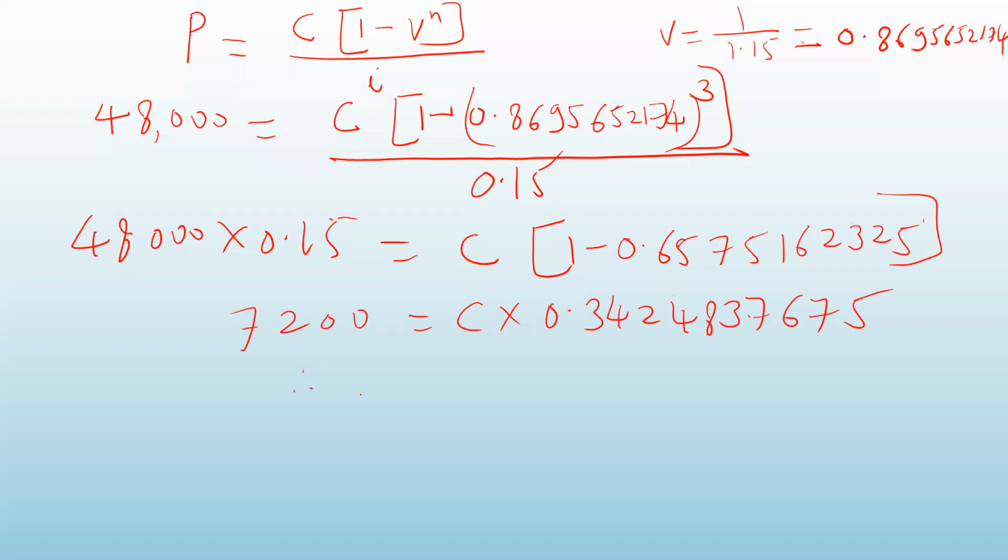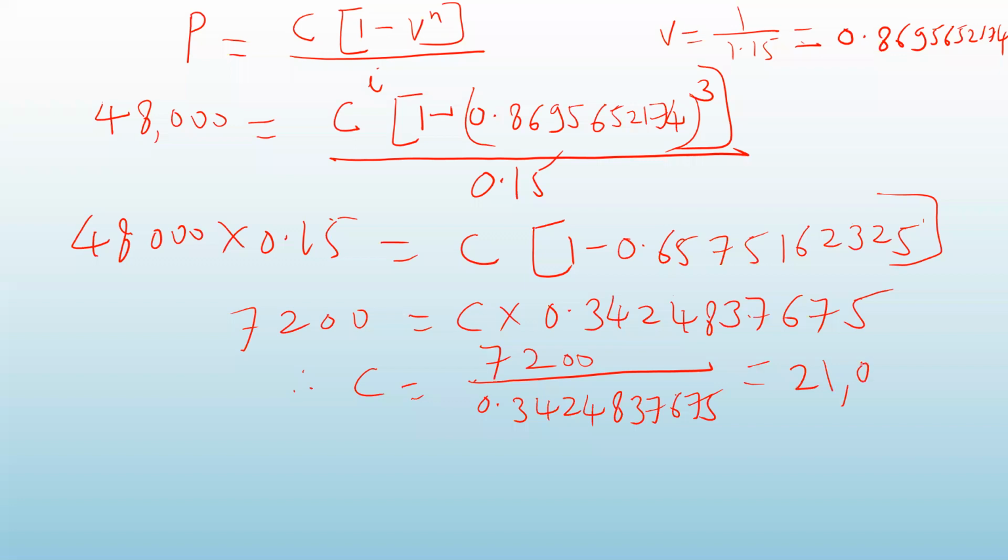So what will be the value of C? It is 7,200 divided by 0.3424837675. So that gives you 21,022.89.